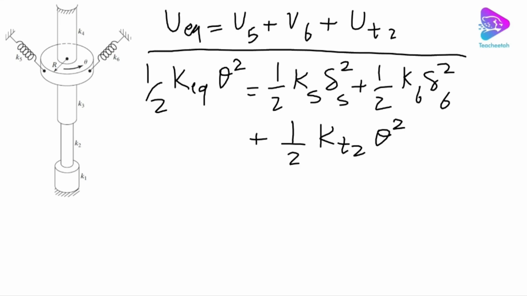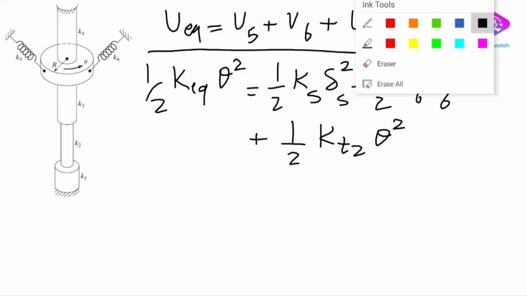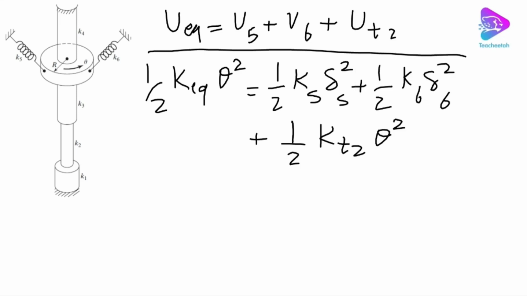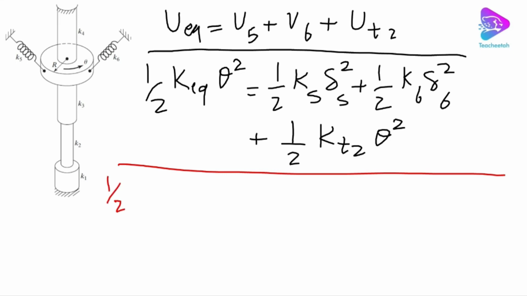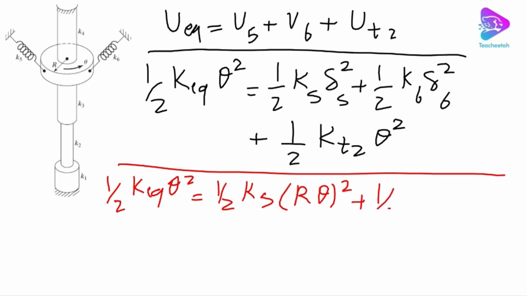Right? But as you may remember, for delta 5 and delta 6, we found an expression as a function of theta. So we have 1 over 2 K equivalent theta squared is equal to 1 over 2 K5. What was delta 5? It was r theta, squared, plus 1 over 2 K6 r theta squared.